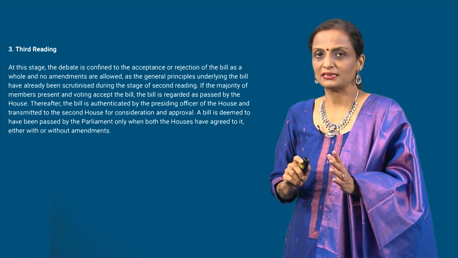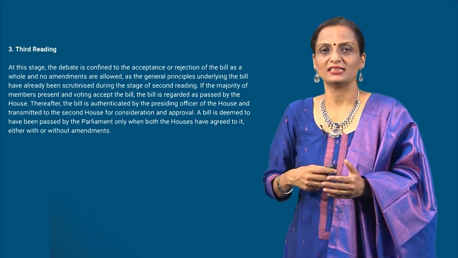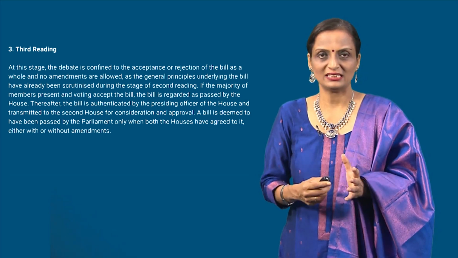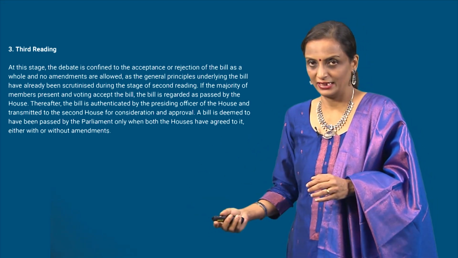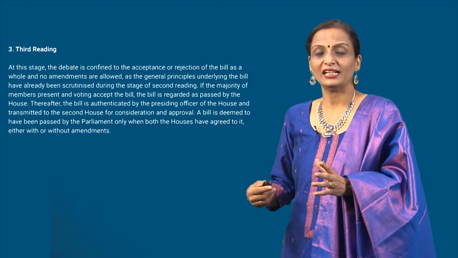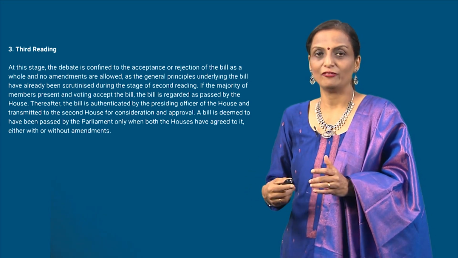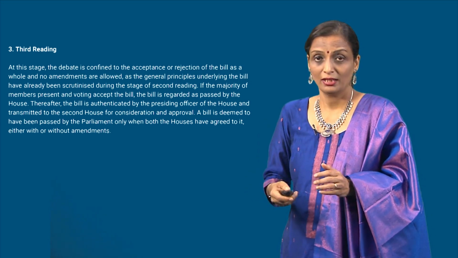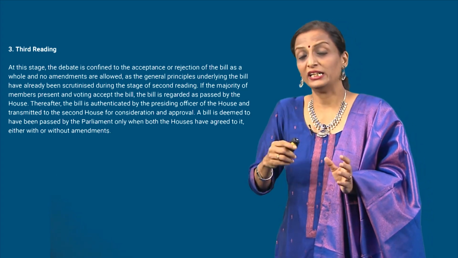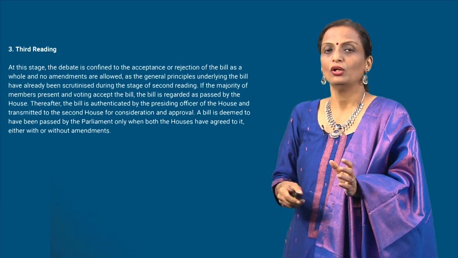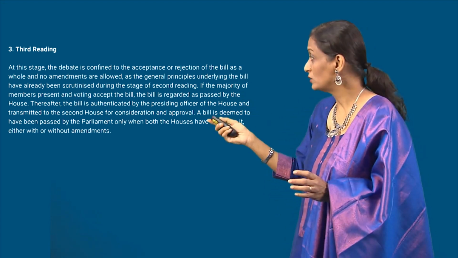So, what happens is, once the bill has gone through the process of the first reading and the second reading, it goes to the process of the third reading. Okay, the third reading will be the stage where they will have to put it to vote, because if the scrutiny has been done by the select committee, then there is no need to even scrutinize clause by clause, but it can be voted.